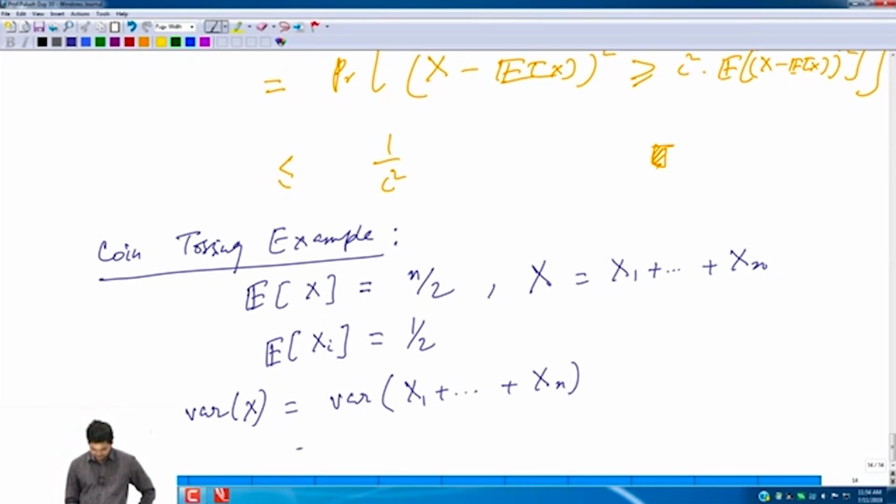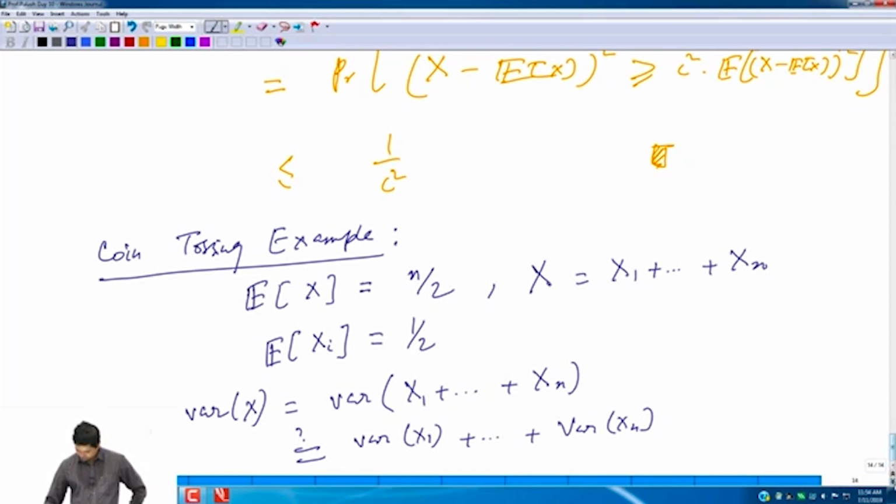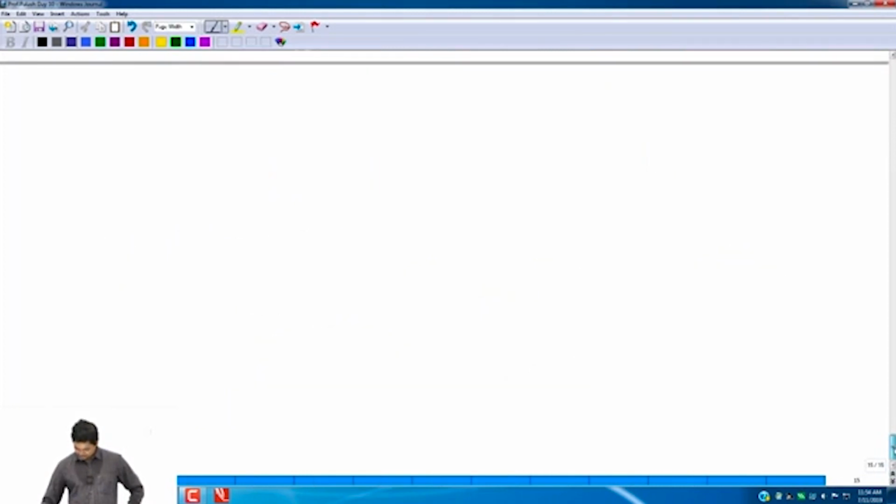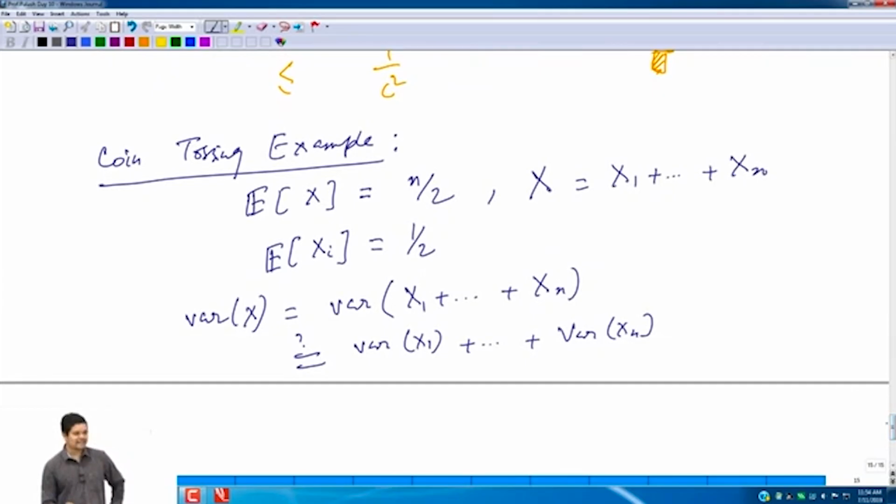If we can write this sum as variance of x1 plus up to variance of xn, because computing variance of these xi's is very easy because it takes only two values, 0 and 1, whereas directly computing variance of x is always difficult. It takes so many values.